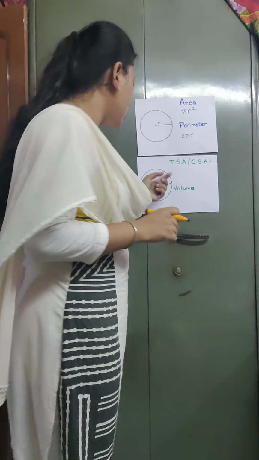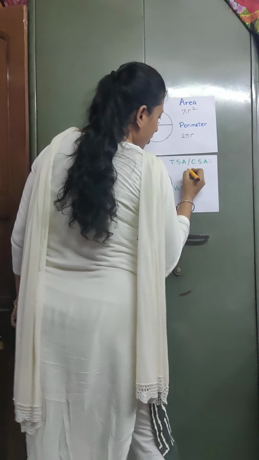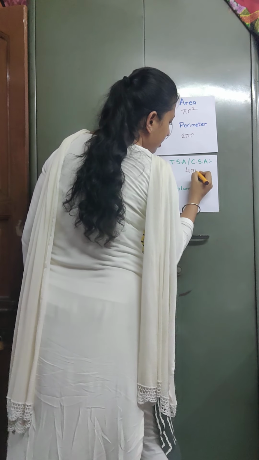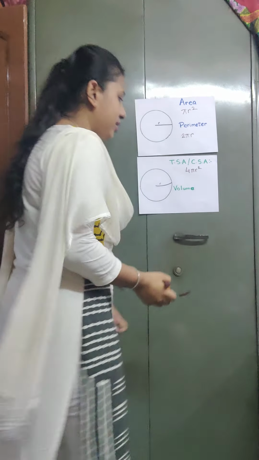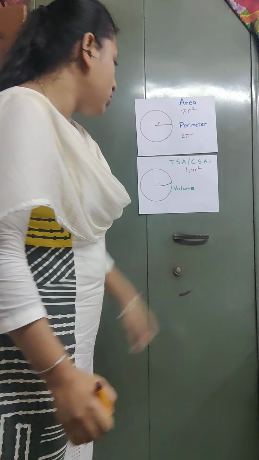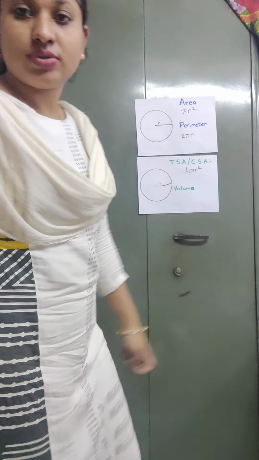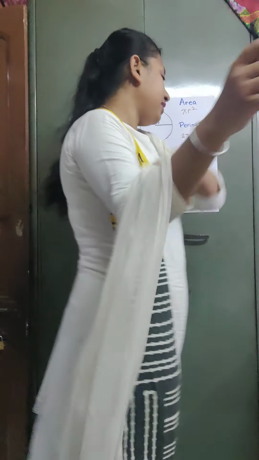Okay. So the total surface area of a sphere is 4 pi r square. And the volume, why 4? Because 4 times of a circle becomes one sphere, like in square, 6 times of a square makes one cube, right?